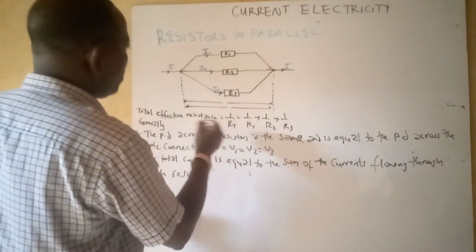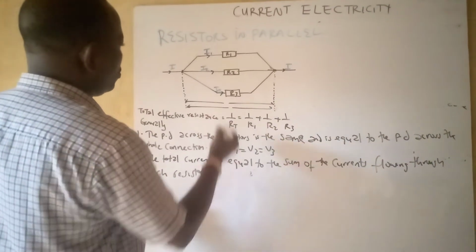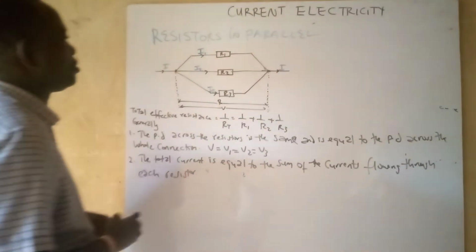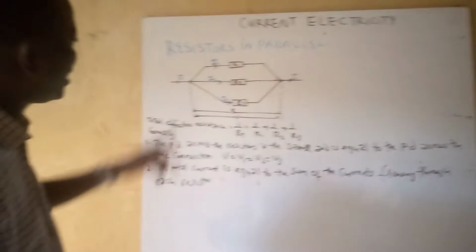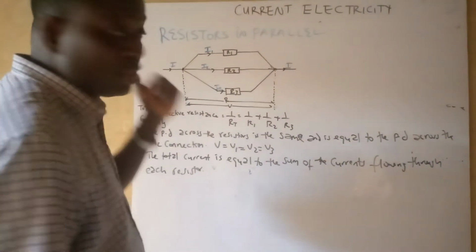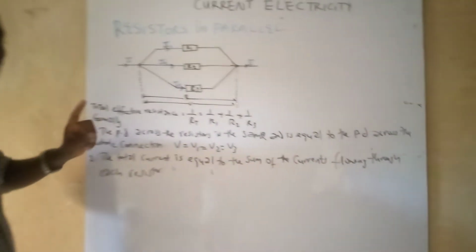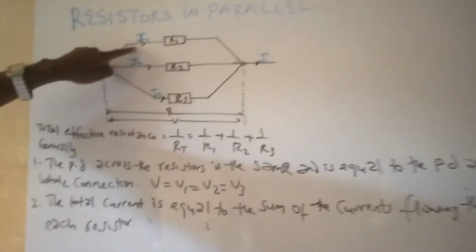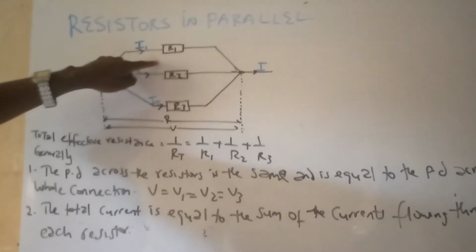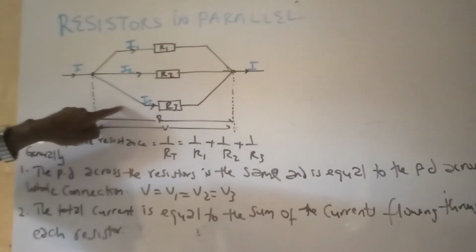Now, if you look at this connection and you compare it to the resistors in series, you will notice a difference. The current flowing through each resistor is different.